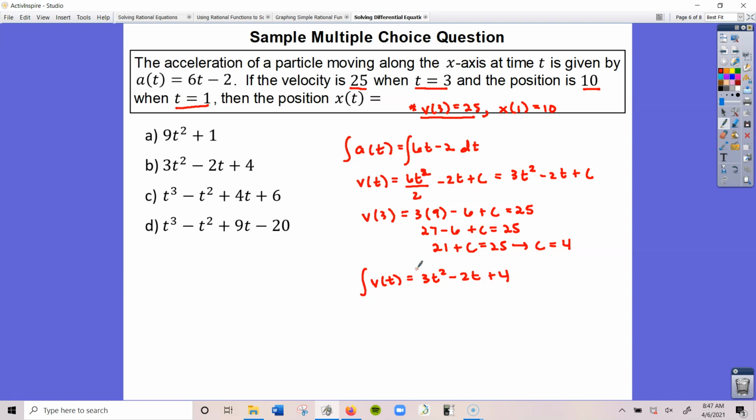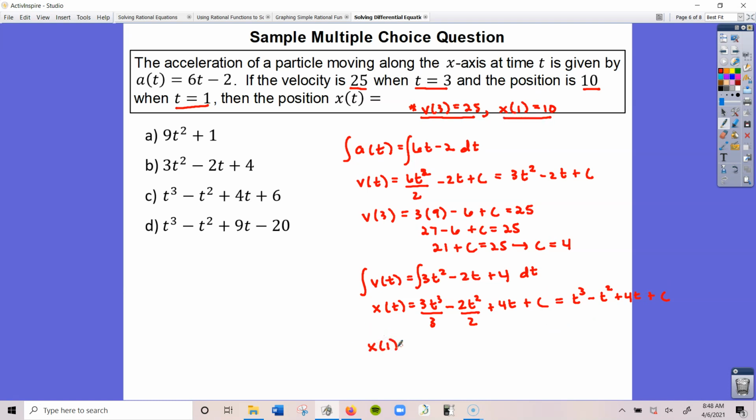Now we can integrate one more time to get the position, which is called x of t, which is going to equal 3t to the third over 3 minus 2t squared over 2 plus 4t plus c. This can be simplified to t cubed minus t squared plus 4t plus c. So we are told that x of 1 is equal to 10.